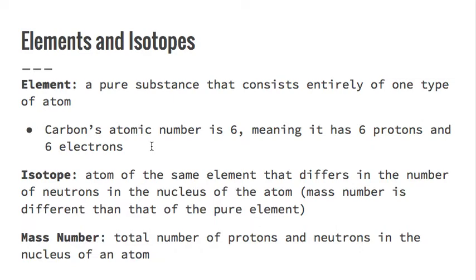So an isotope means that it has more neutrons. The charge hasn't changed at all because neutrons are neutral. So the mass number is different, but the charge is still neutral. And mass number is protons plus neutrons, all found in the nucleus of an atom.